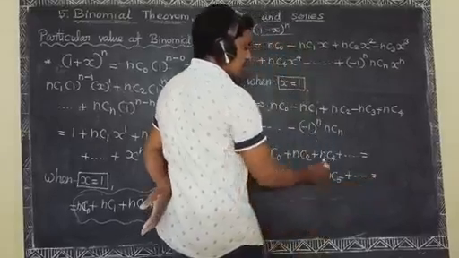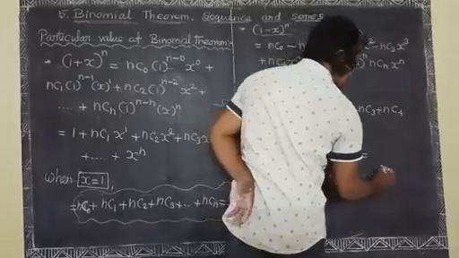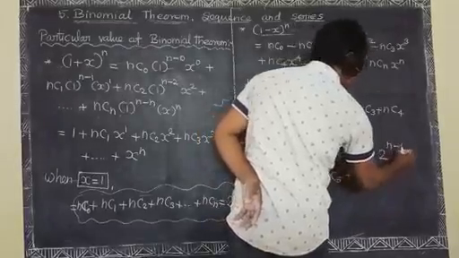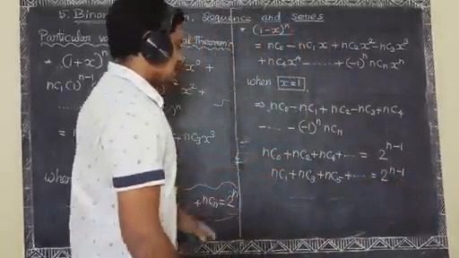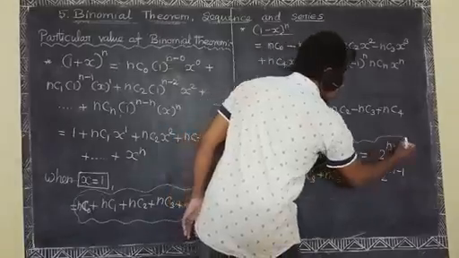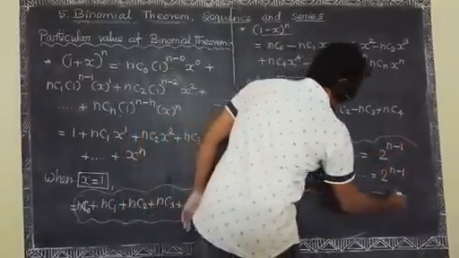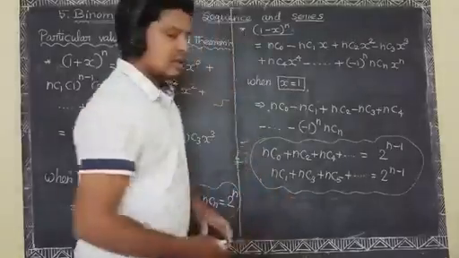Both are equal to 2 power n minus 1. Okay, this is another result.